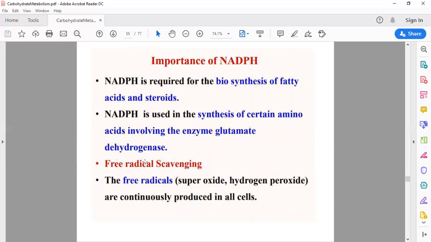Then the third important point is it acts as a free radical scavenger. So there is continuous production of hydrogen peroxide in the living cell, which can chemically damage lipids, proteins, and DNA. So this is prevented by antioxidant reactions, which involve NADPH. So it is very important. Then next, a glutathione mediated reduction of H2O2 is involved.